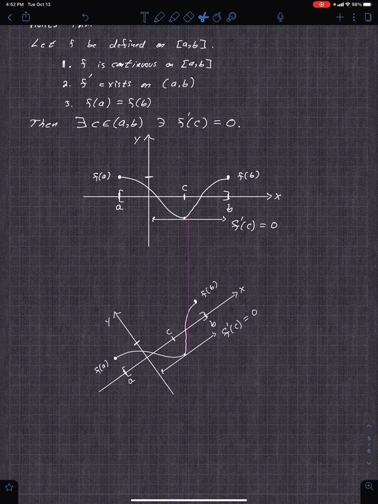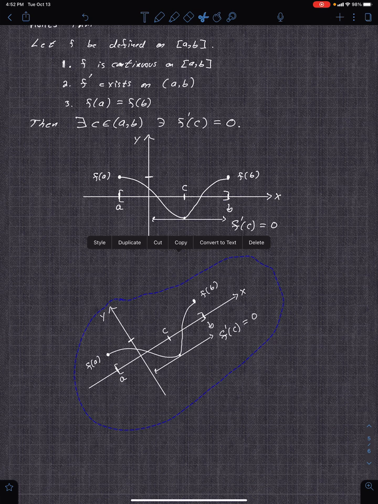So basically it turns it like that, and it's essentially saying you have these values that are the same, and so you have the same slope. So this slope and this slope must exist. That's essentially what the mean value theorem is saying. It's just turning it on its side. And so the slopes are the same.